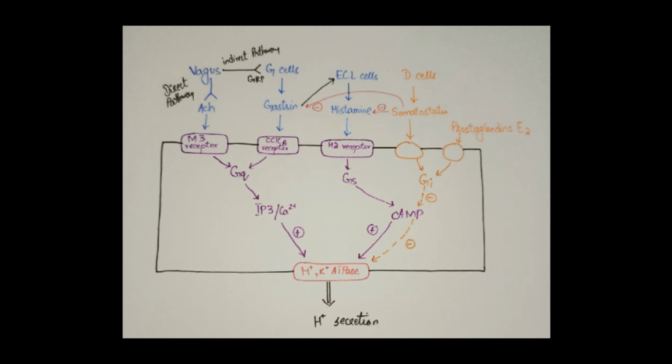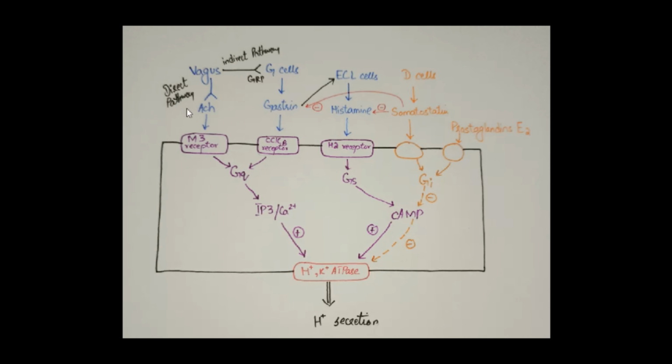Now we will talk about the details of the stimulatory and inhibitory factors and their specific mechanisms in the production of hydrogen ion. First of all, we will talk about the stimulatory factors which are mentioned in blue color, and then we will talk about the orange color inhibitory factors. First of all, in the stimulatory factors, we have the vagus nerve.